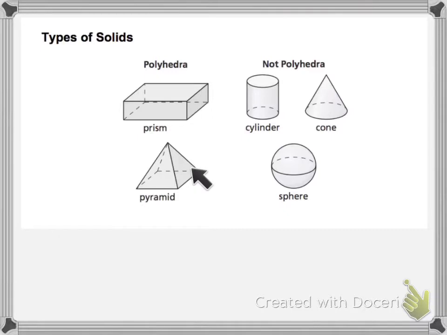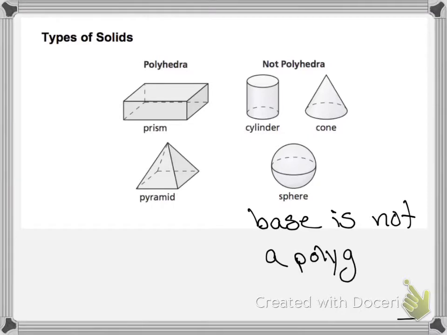The base is made out of a square. The sides, we call those lateral sides, are made out of triangles. But these are not polyhedra. They're curvy. A cylinder is not a polyhedron because its base is not a polygon. Or it has no base at all, like our sphere has no base at all.